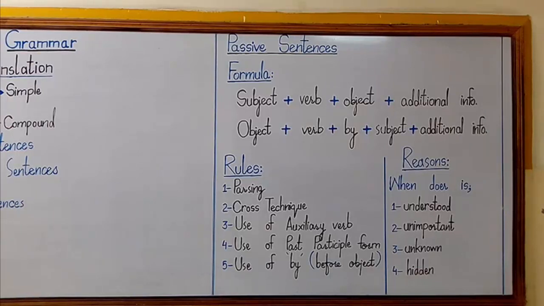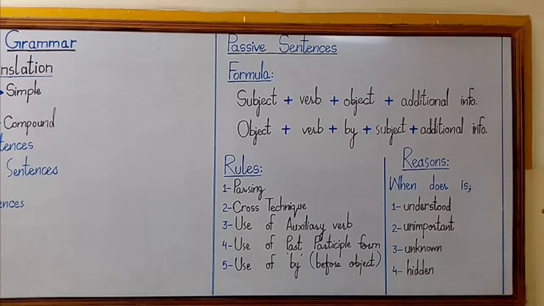I have also explained to you the rules of passive voice. There are 5 rules of passive voice. First of all, we do parsing. What is parsing? I have already explained in a separate individual lecture on the voices. Probably that was lecture number either 4 or 5. I don't exactly remember.